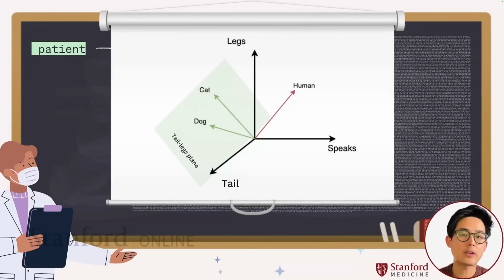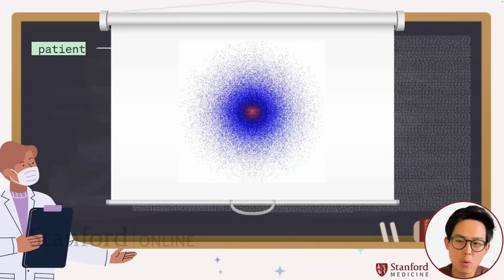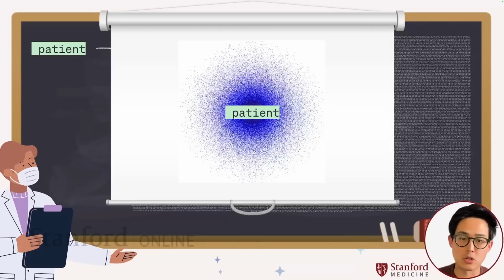And so if we go back to our earlier visual representation of these vectors, the way I think about embeddings for tokens is that it looks a little bit less like this and more something like this. A dense point cloud similar to an electron cloud, representing a high dimensional fog of meaning, where the token, let's say patient, sits at the center, and each one of these individual points in the cloud, analogous to where an electron might be, is actually one individual dimension of meaning.